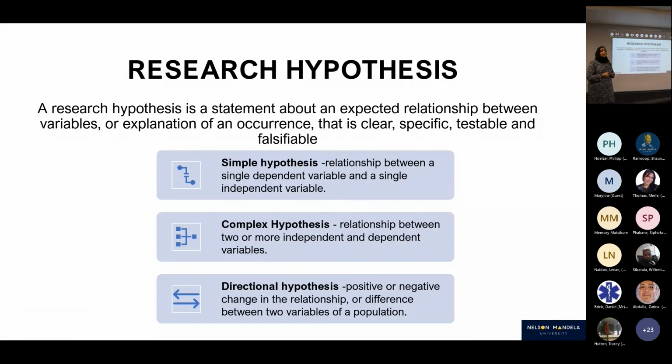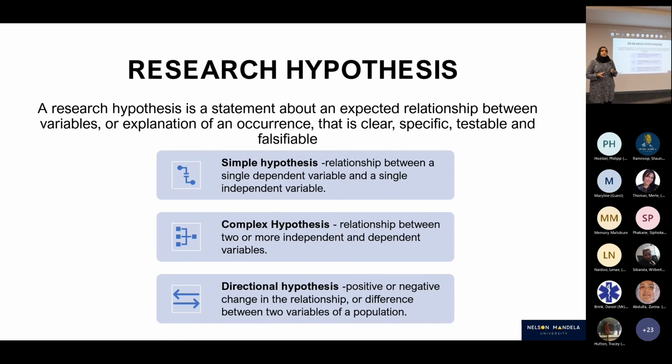Then a research hypothesis. So a research hypothesis is a statement about an expected relationship between variables or an explanation of a particular occurrence that may happen. The research hypothesis needs to be specific, testable, and falsifiable.